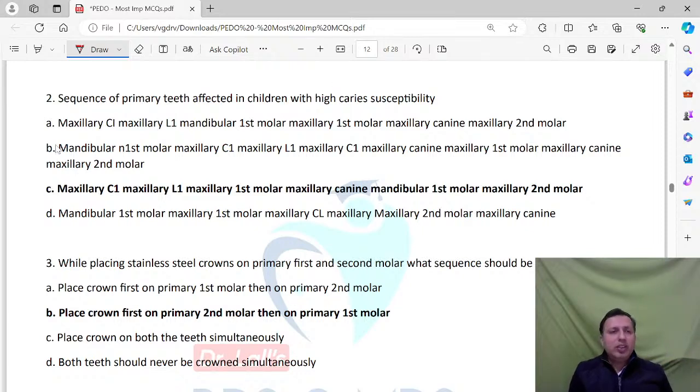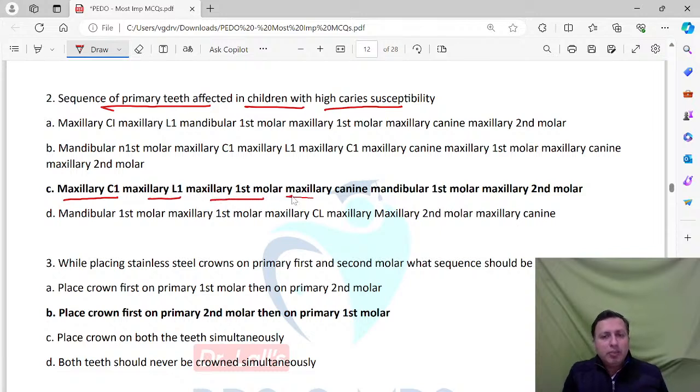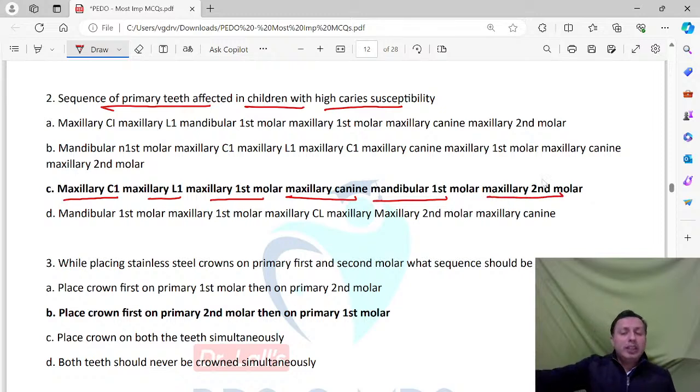That is maxillary central incisor, maxillary lateral incisor, then maxillary first molar, maxillary canine, mandibular first molar, maxillary second molar, and then the mandibular second molar at a later stage. And when the mandibular incisors are involved, that means it's a case of rampant caries.